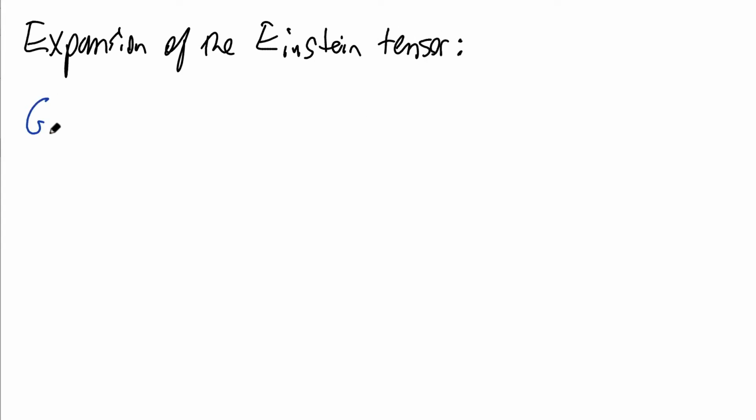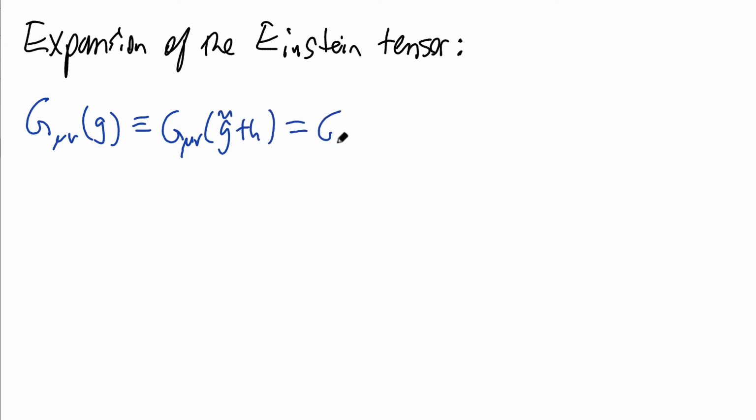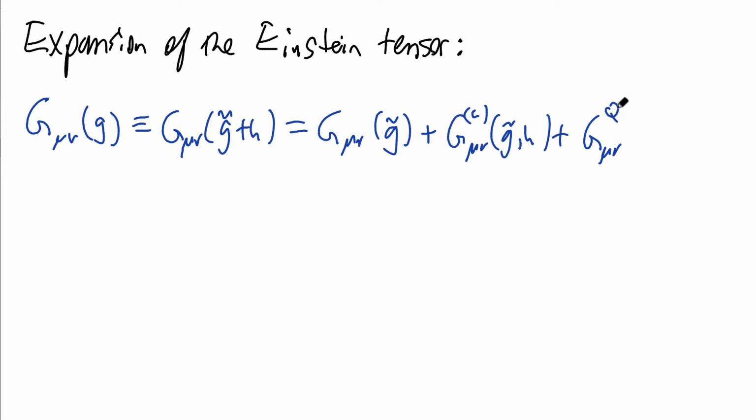Recall the Einstein tensor for the full metric, g, can be written as big G mu nu of background g tilde plus perturbation h. And then this is expanded as the Einstein tensor for the background metric plus terms linear in the perturbation plus the term we're really interested in here, the term quadratic in the perturbation.